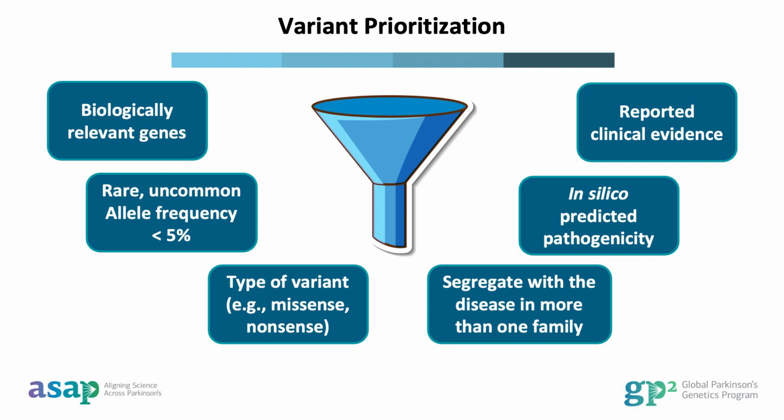And for disease-causing variants with high penetrance, it is imperative that they segregate with disease in more than one family.